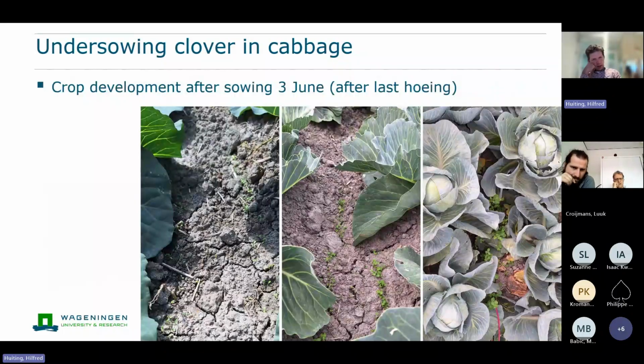We did undersowing of the clover in the first location, planted on 6 May, in early June, so after the last hoeing pass. So that's also a practical aspect, that if you want to do as much as possible mechanical weed control in your cabbage, you can until then not sow your clover between the rows. So we did sow between the rows after the last hoeing pass. And then in the left picture you see some clover seedlings already.